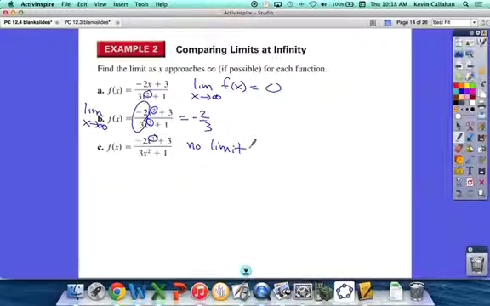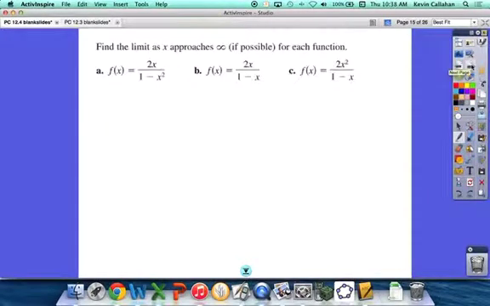Good. All right, so let's do these three. Okay, how about this one? What's the limit? 0. Highest power, denominator.